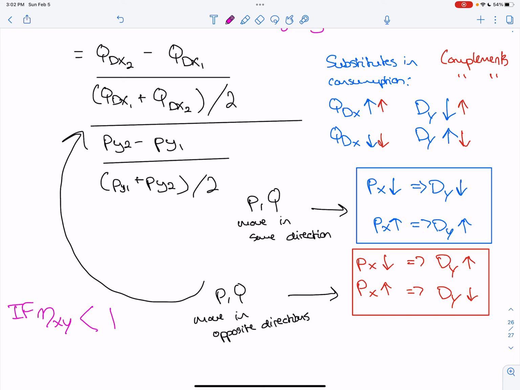Because if one goes up, the other goes down. If the other goes down, the other goes up. That means that you'll either have positive and negative or negative and positive, right? Which will result in a negative elasticity. Not less than 1, sorry, less than 0. Negative.